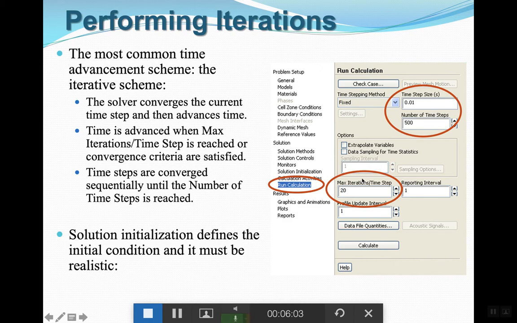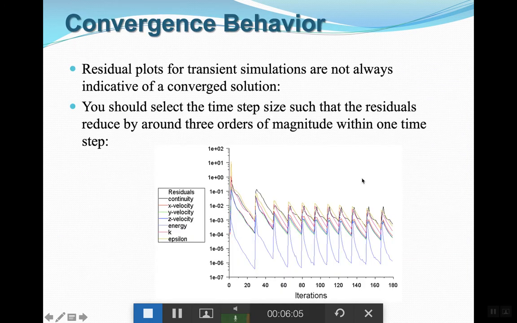So after this, you start simulating, and of course you will monitor the residuals. When you are monitoring the residuals, the way they look in a transient flow is very different from what they look like in a steady state flow.